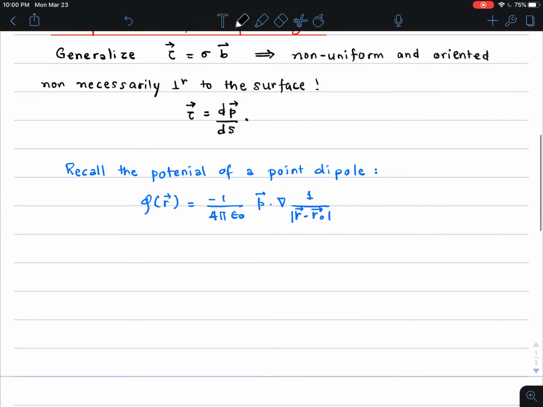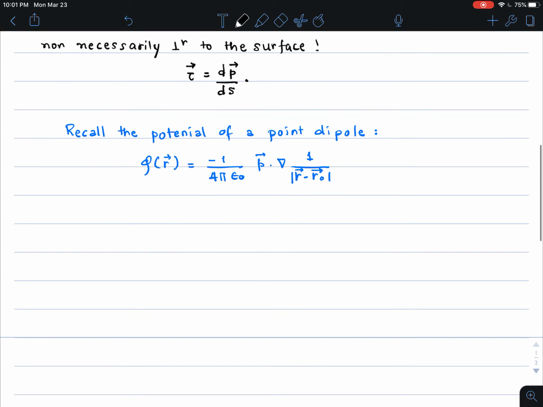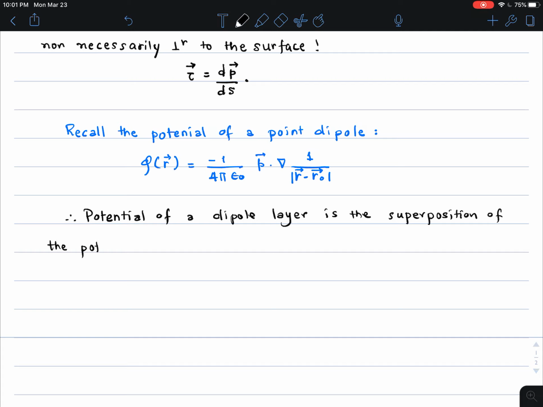And what we are going to do now is assume that the dipole layer that we have is a collection of several of these point dipoles, and therefore the potential of a dipole layer is the superposition of the potentials of several infinitesimal dipoles on the surface.